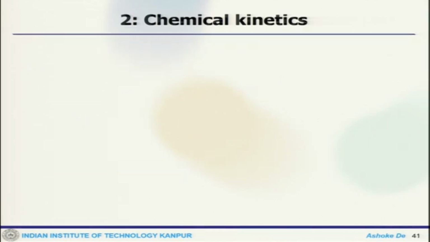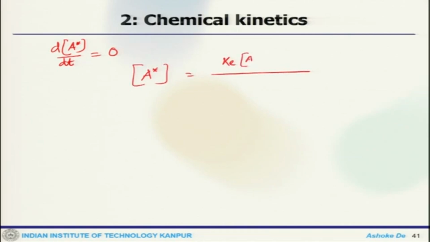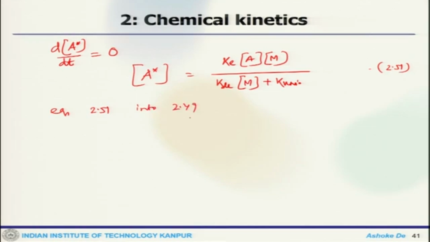Now, you apply the steady state approximation for A star, which will be d A star by dt equals to 0. From there, we get the concentration for A star is K E A m over K d E plus K unimolecular. So, this is what you get. Now, we substitute equation 2.51 into 2.49.